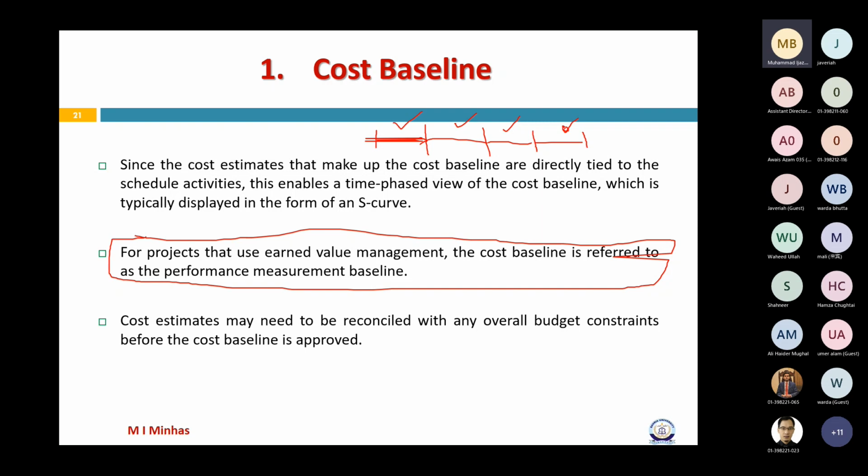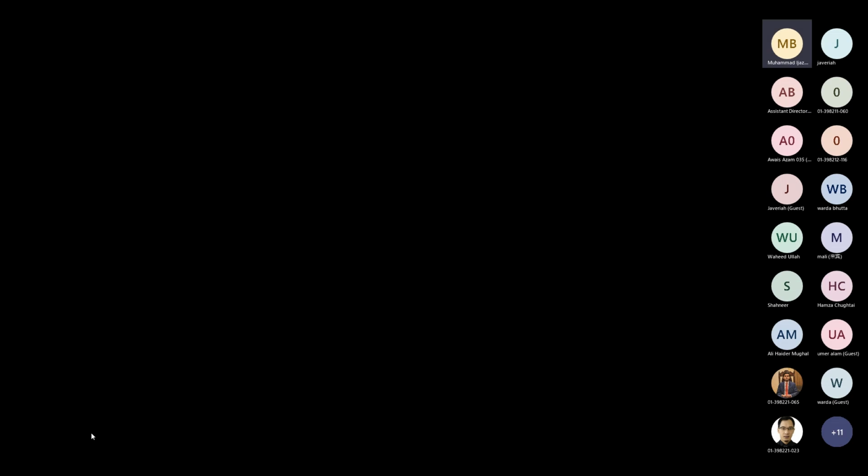Now, what is the earned value management philosophy? Obviously, I'll teach you in the next lecture. But in general, this blank screen is in front of you. Let's say this is a wall of 10 meters that you have to construct, or build. For building this 10-meter wall, we have approved a budget of 10,000.